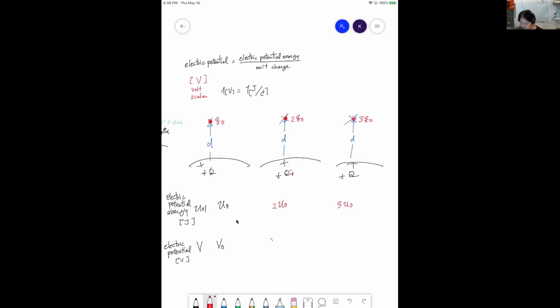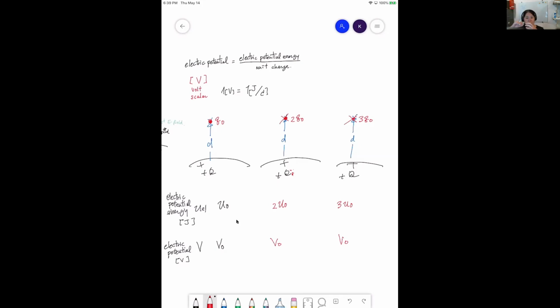So even though you bring a 2Q naught or 3Q naught, the voltage created by the big Q stays the same. It only depends on the distance from the big Q. So the voltage is higher when you're closer to the big Q and lower when you're farther away. And the potential energy depends on what kind of a charge you have.